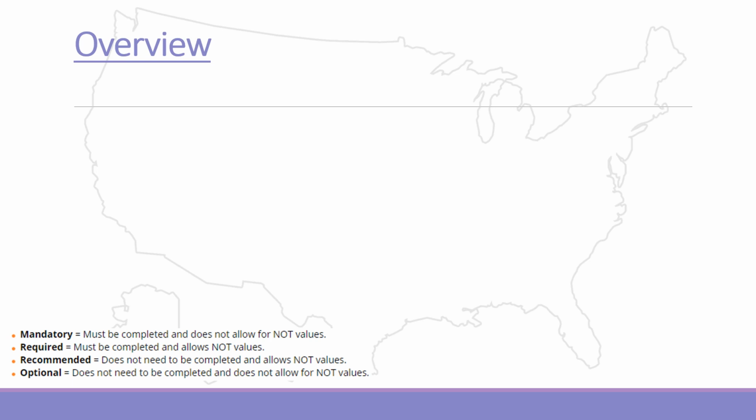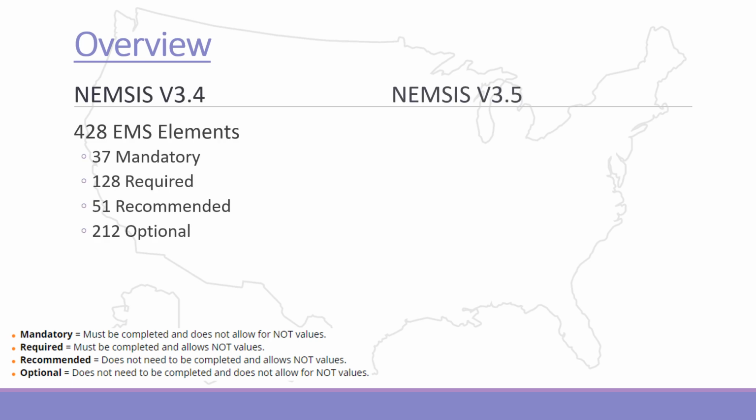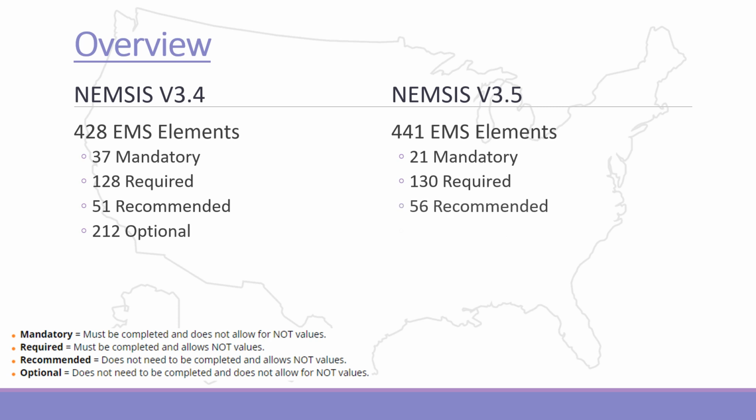Now, NEMSIS may allow not values and Illinois might not, and we're currently reviewing some of those situations so we can stay within the NEMSIS framework but allow the EMS systems and individuals the most flexibility possible in completing a record. So 3.4 versus 3.5.